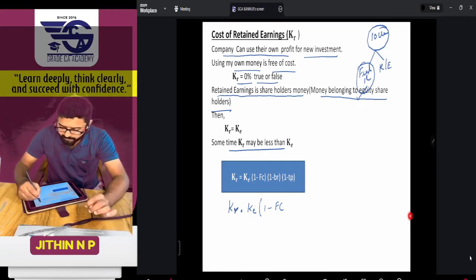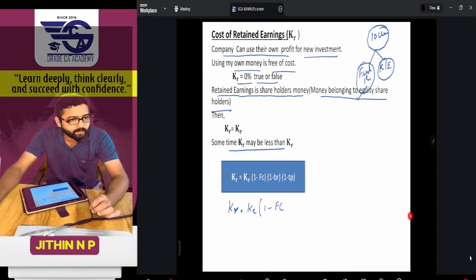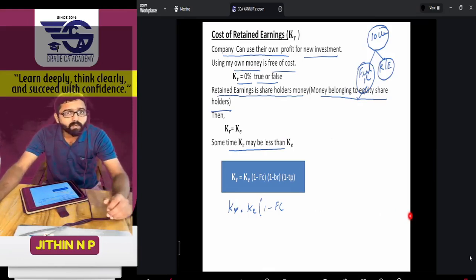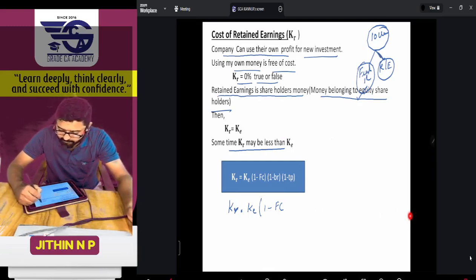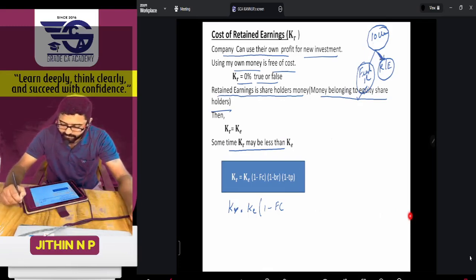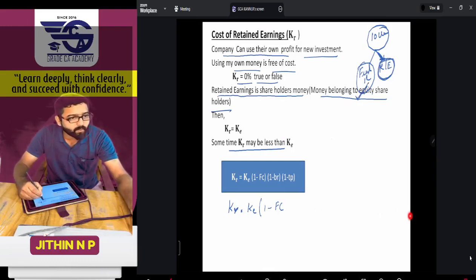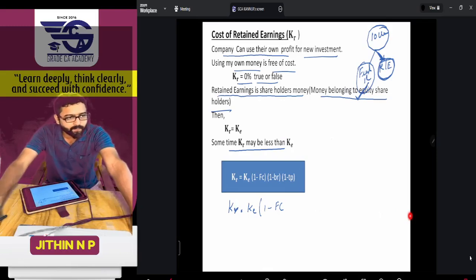But if the company uses my own money, or retained earnings, it saves the cost of issue or flotation cost. If they issue new shares, they need to spend flotation cost. Suppose 2% is the cost of issue.